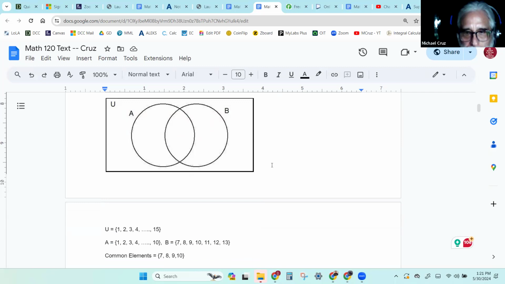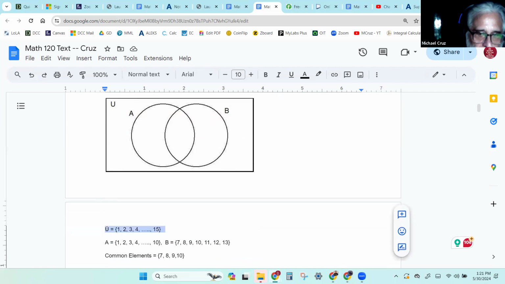All right, so let's try to draw these in here. All right, so everything in the whole circle, now this time we're given the universal set is 1 through 15. So what I'm going to do is I'm going to start in the middle with anything that's common, and they're telling us what the common elements are. And then I'm going to write them in where they go.